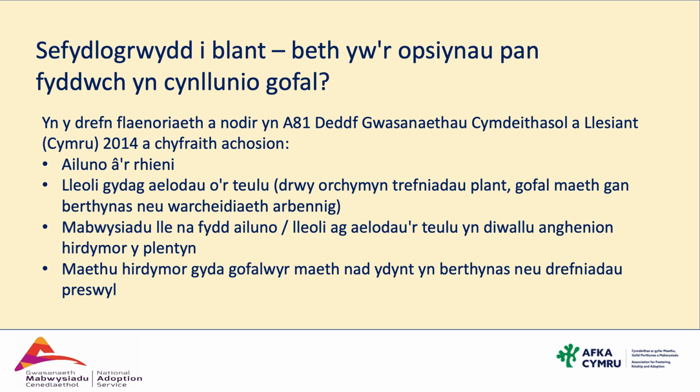Now, this historical use of long-term fostering now needs to be looked at in the light of modern adoption practice, where the choice between adoption as a permanency option and keeping in touch with birth family, having contact with birth family, doesn't have to be made. Both can be achieved. And it's similar with the placement of older children and siblings. They can still be seen as a viable option.